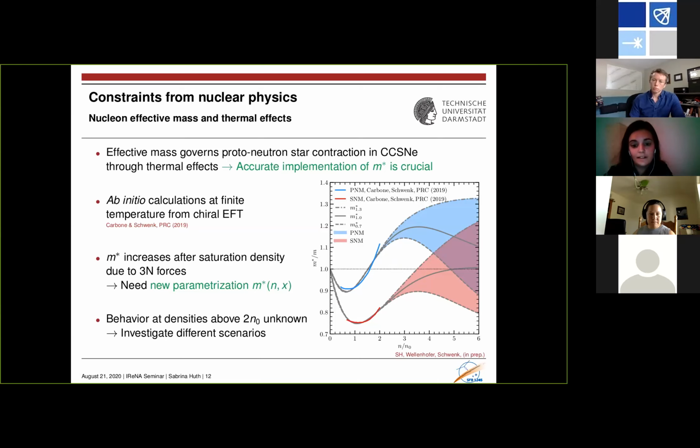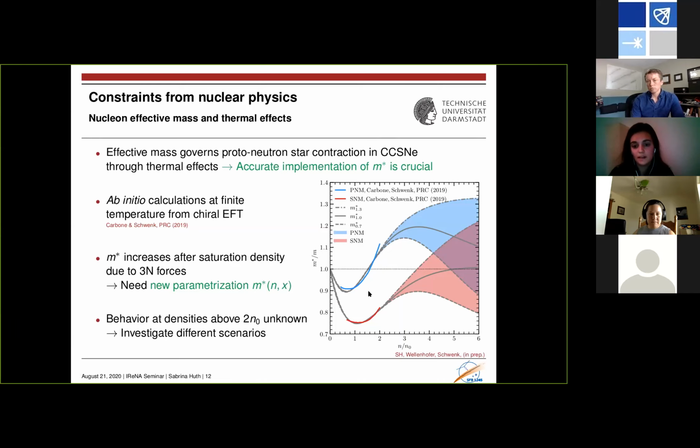And this is actually due to three-nucleon forces from the strong interaction. But this also means that we need a new effective mass parametrization that now not only depends on density, but also on proton fraction. And this new parametrization you can see here as these gray lines.